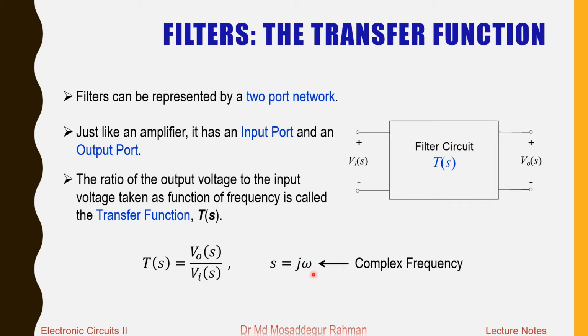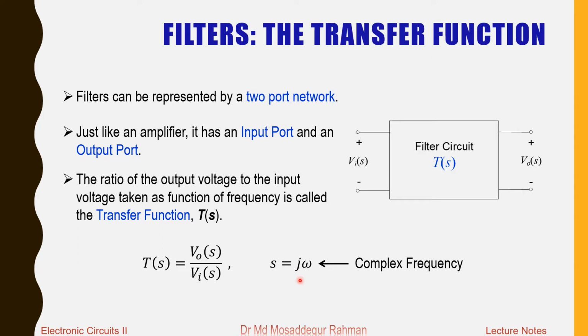As you know, for the reactance terms, inductive or capacitive reactance, we have j omega. For an inductor, we have j omega L. For a capacitor, we have 1 over j omega C. So omega always comes with the j, this complex term. So s stands for this j omega.